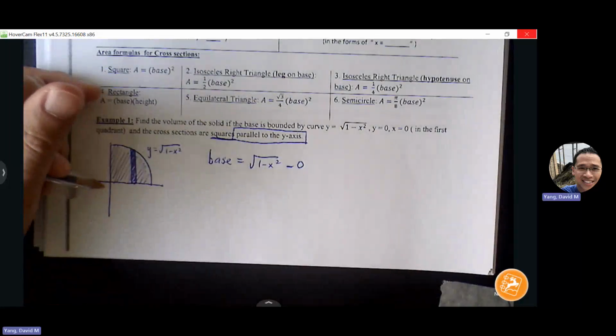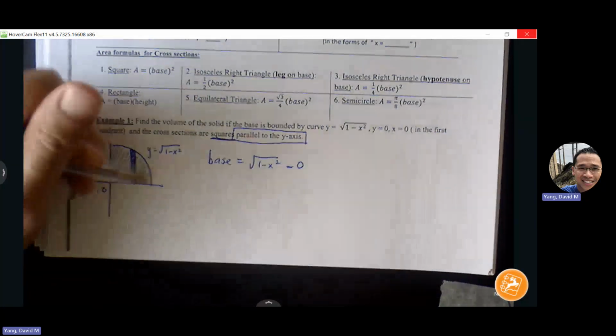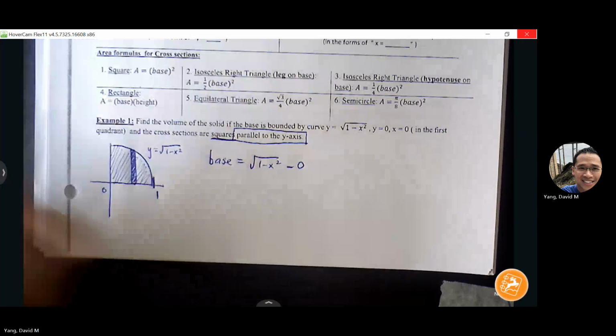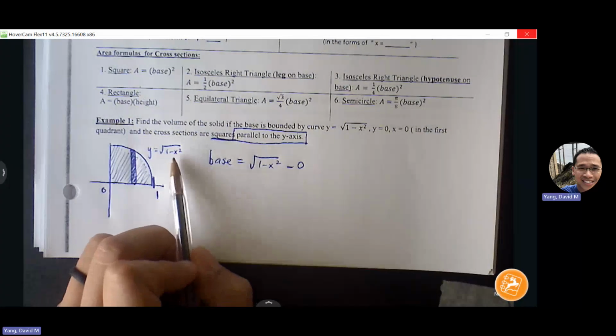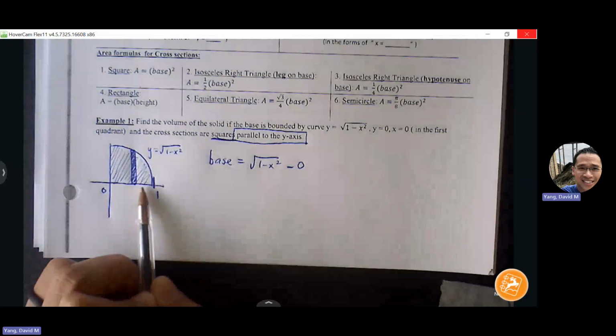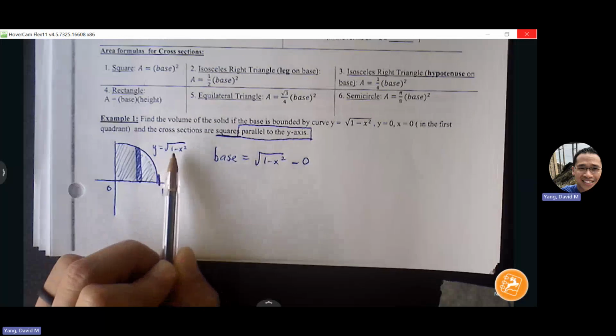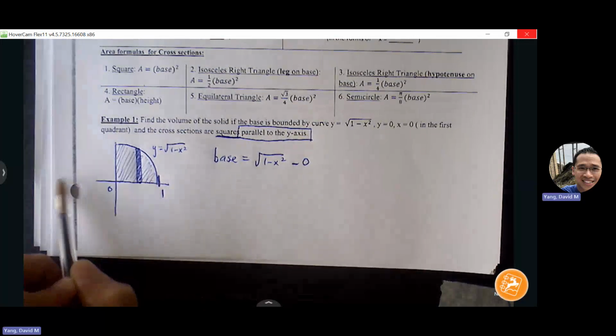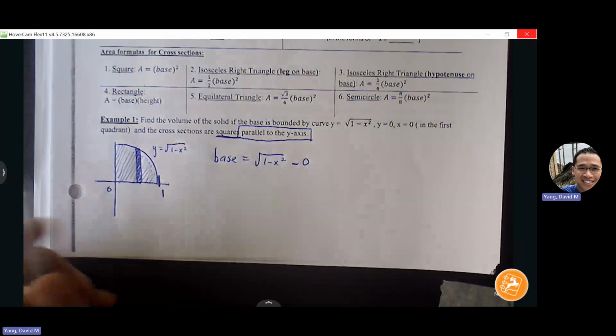What's the furthest left you see? 0. What's the furthest right you see? It's going to be 1. The way we know it's 1: if I set the square root of 1 minus x squared equal to 0, that's the intersection with the x-axis, and if I solve for x, I get plus or minus 1. -1 is over here, +1 is over here, so +1.